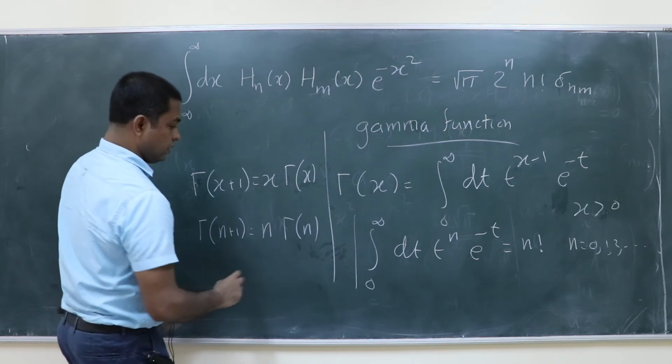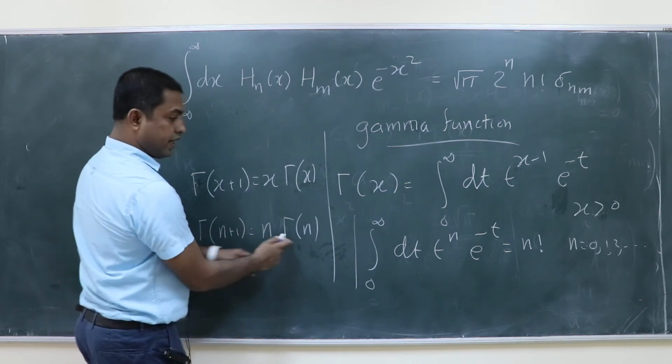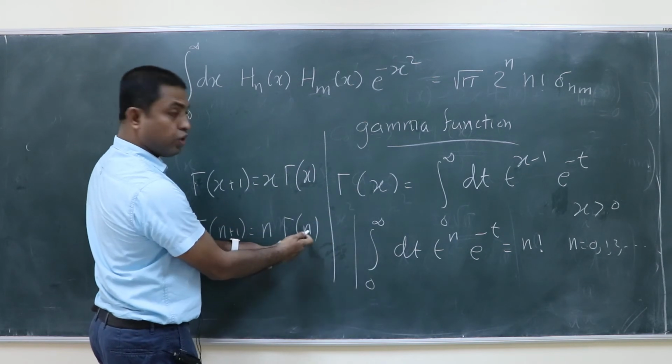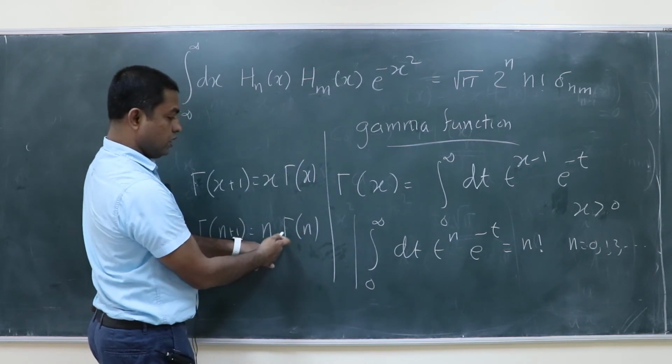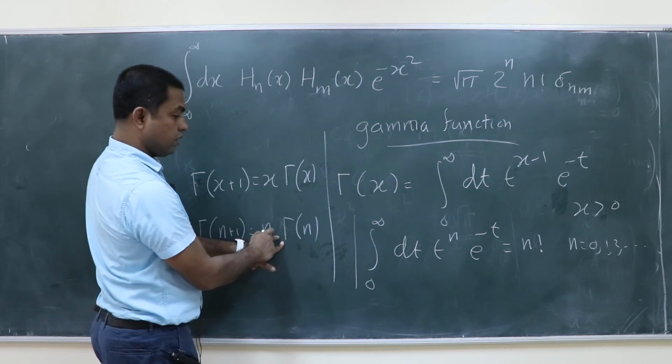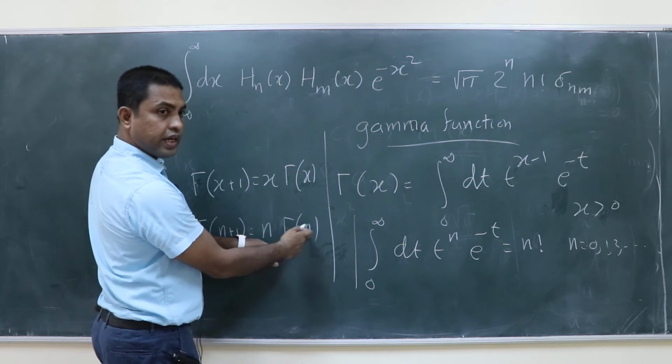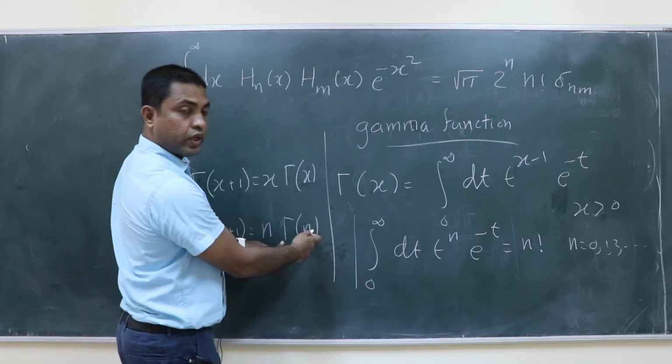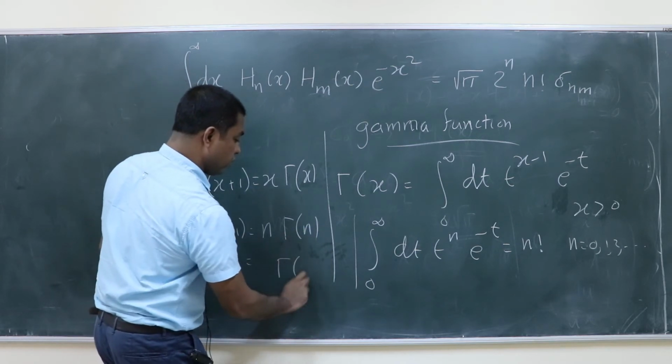Fine. And this one I can keep on doing. Next, gamma of n is equal to n minus 1 into gamma of n minus 1. So finally gamma of 1 is 1.